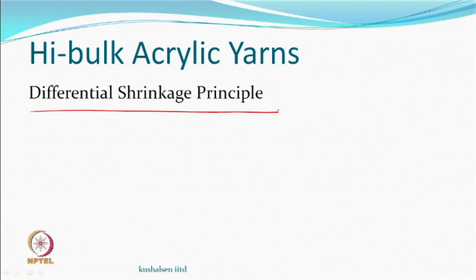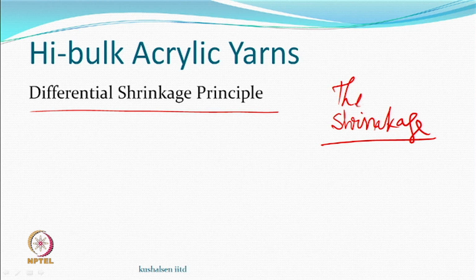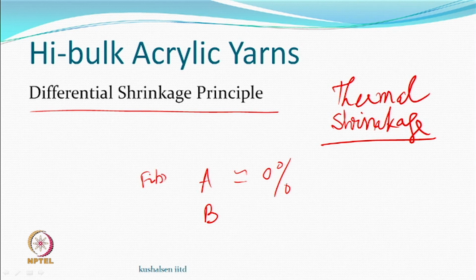So, here you can make one fiber, let us say acrylic fiber, which has thermal shrinkage on heating. One fiber, let us say fiber A, has close to 0% shrinkage, and fiber B is close to 30%.